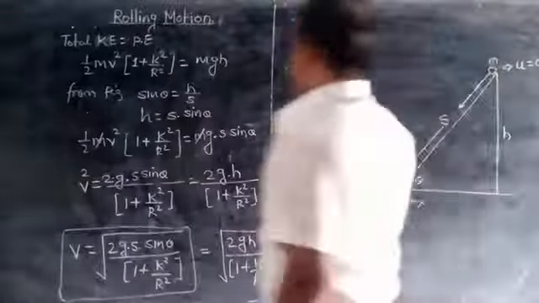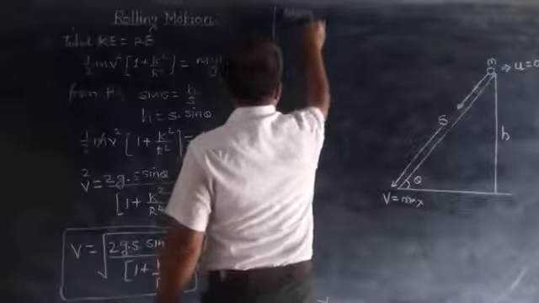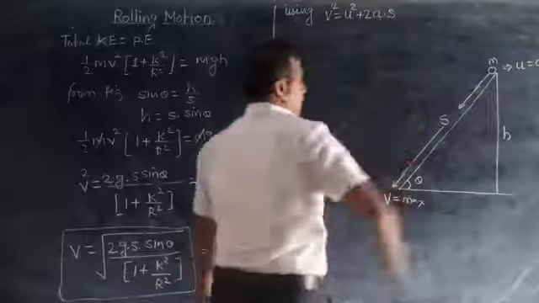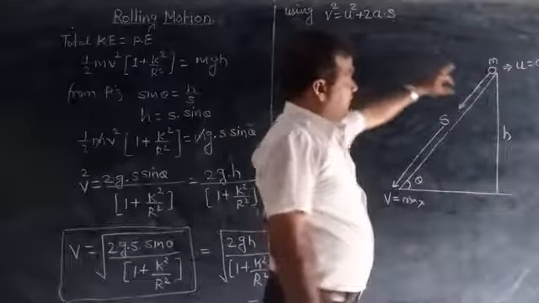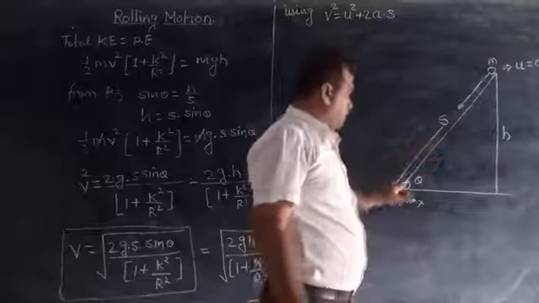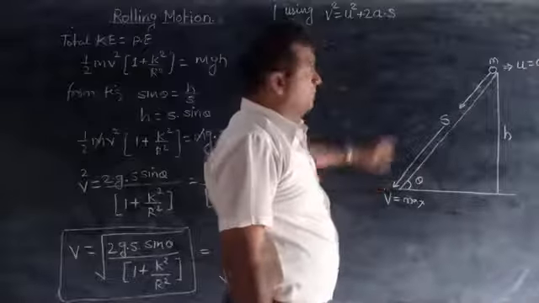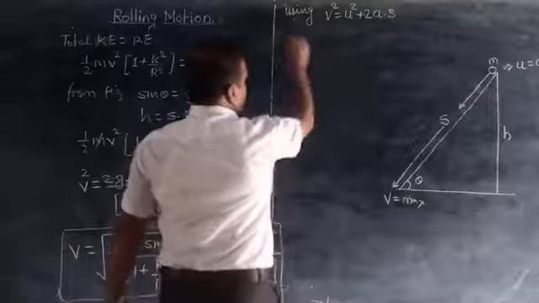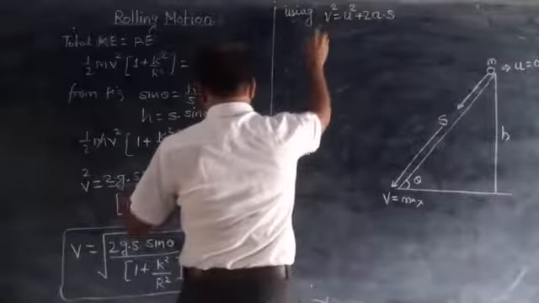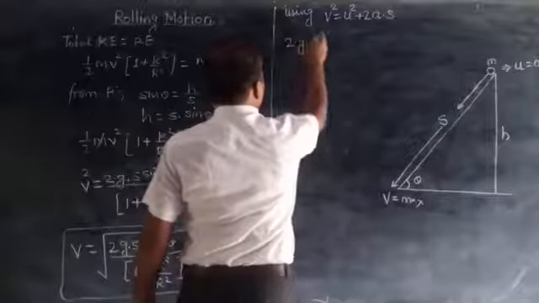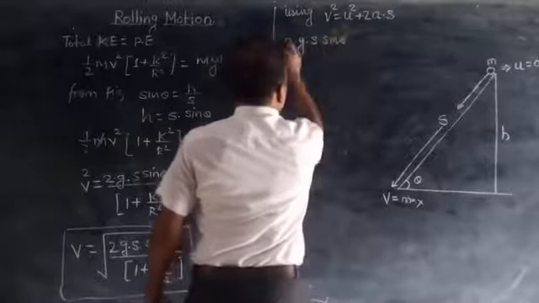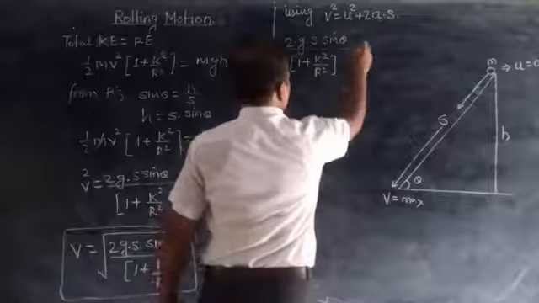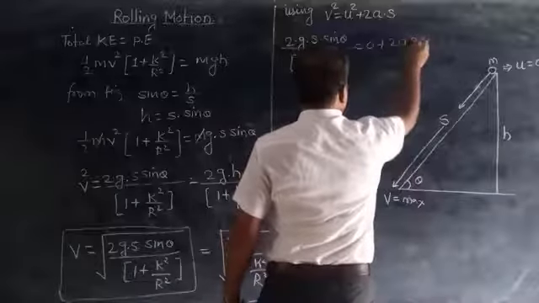So, using the third kinematical equation, that is v square is equal to u square plus twice as, where a is linear acceleration, s is the distance traveled by the body from top to bottom, v is the final velocity of the body at the bottom, u is initial velocity, but initial velocity u is 0, therefore v square, that is twice g s sin theta upon 1 plus k square upon r square, is equal to 0 plus twice as.